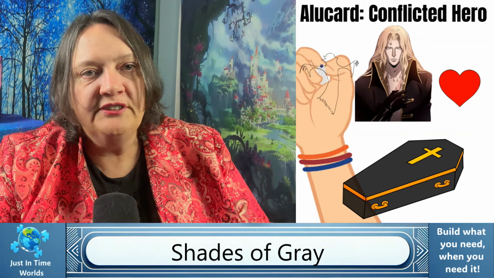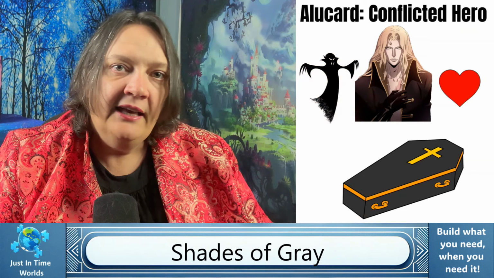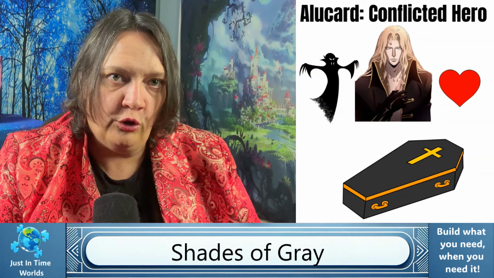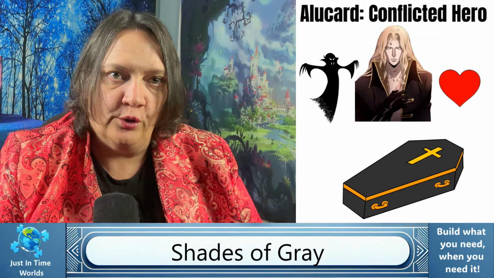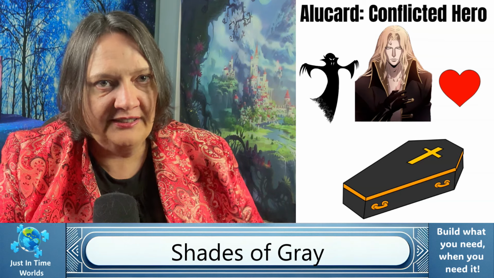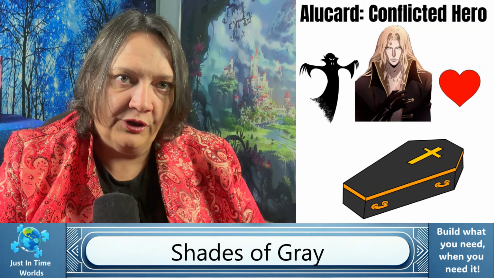Alucard embodies the conflict between human and vampire love and hatred. His decision to stand against his father is a testament to his moral complexity and the inner turmoil he experiences. Torn between his love for his mother and his heritage, Alucard's journey is one of self-discovery and redemption.